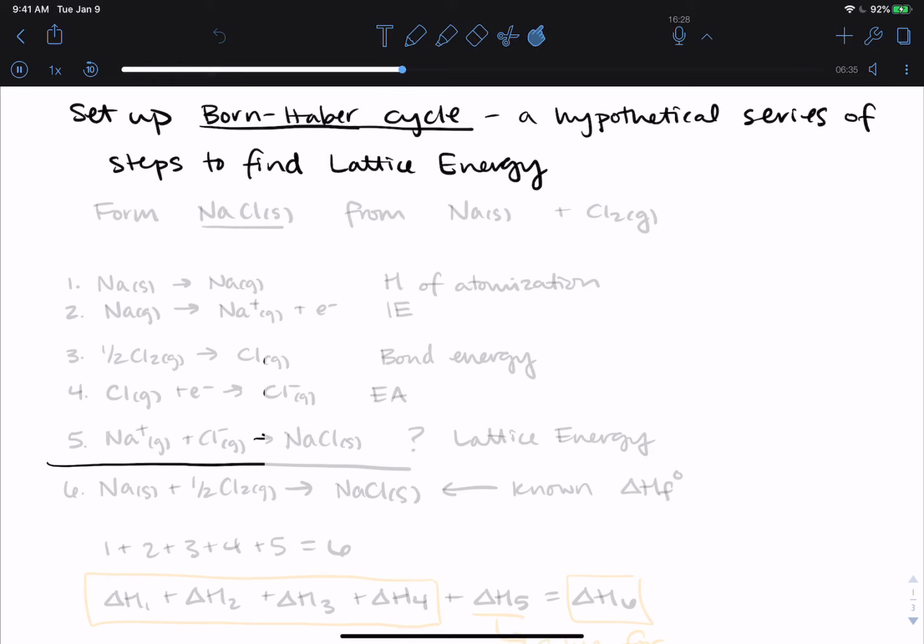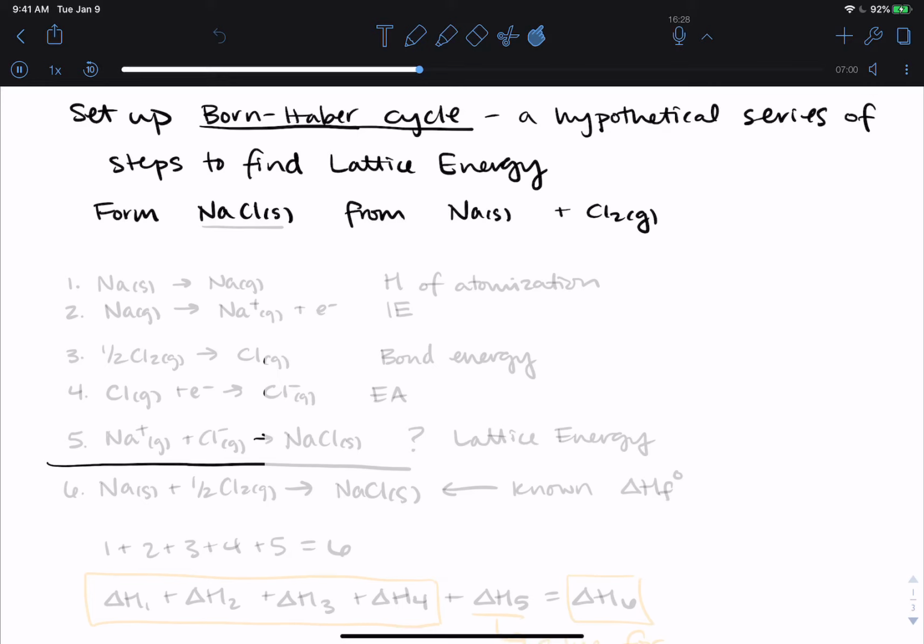So if we were trying to form NaCl solid, we are going to make it from its elements in their standard states, so Na solid and Cl2 gas.